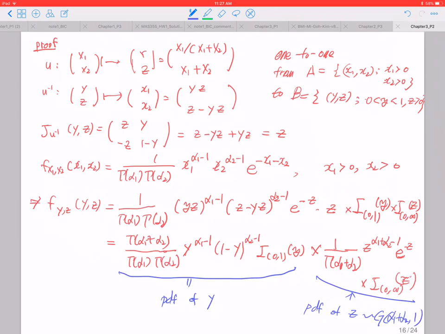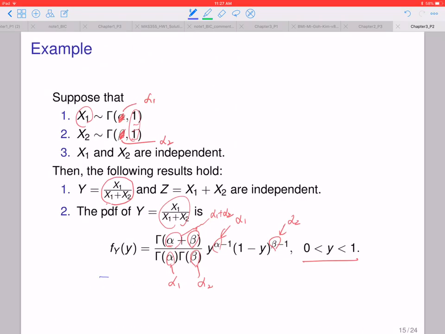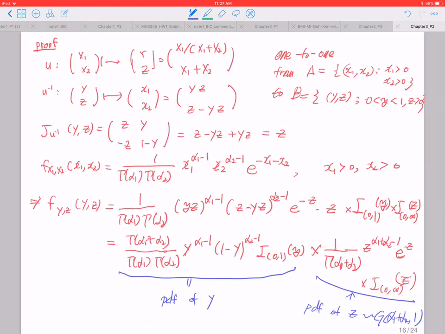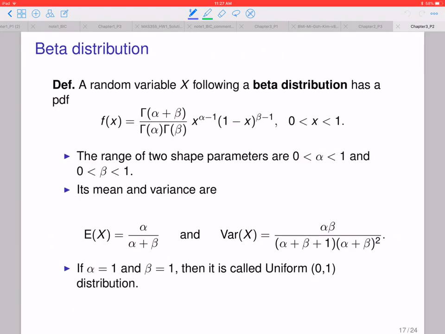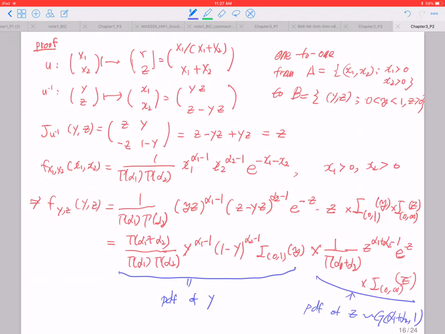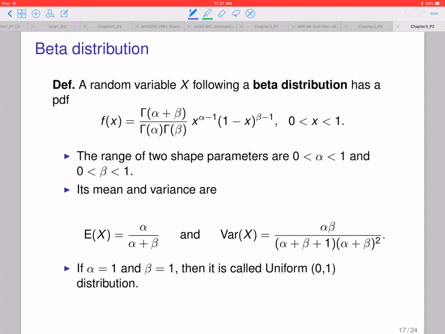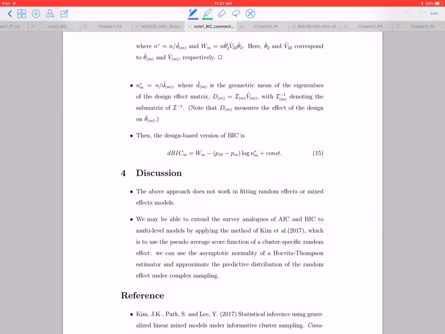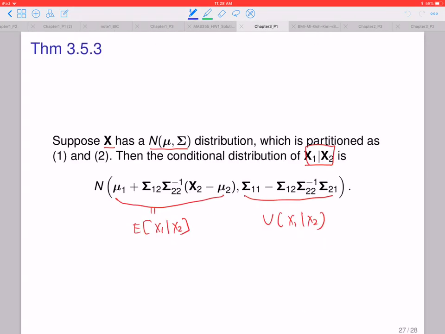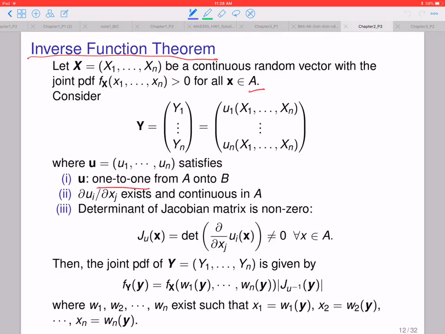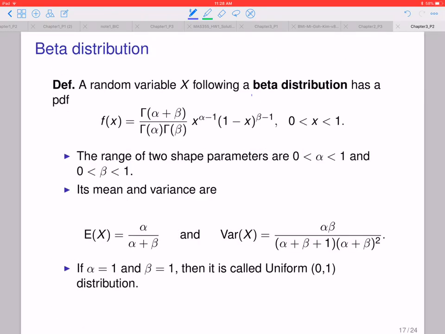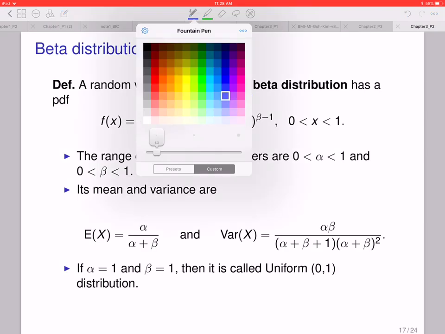That proves and derives this PDF. Okay. Because this is important, we have a name for it, and that is the beta distribution. That is this one.